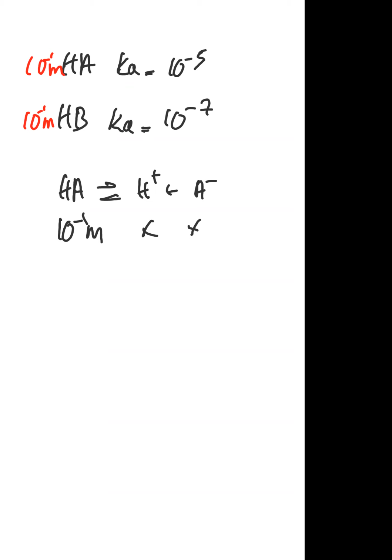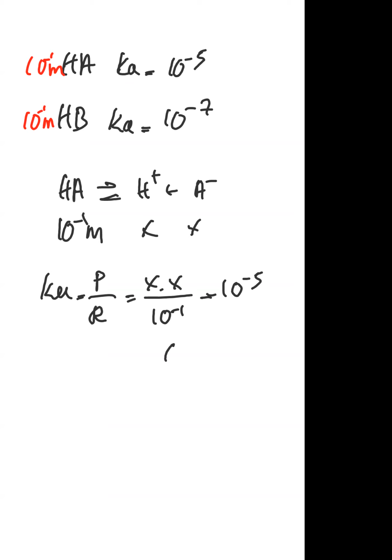Then we will say that this Ka value will be the ratio between product and reactant, and it also has numbers as x's and some 10 to minus 1s, which should be equal to 10 to minus 5. Then x squared will be 10 to minus 6, and x will be 10 to minus 3. Okay, baby?